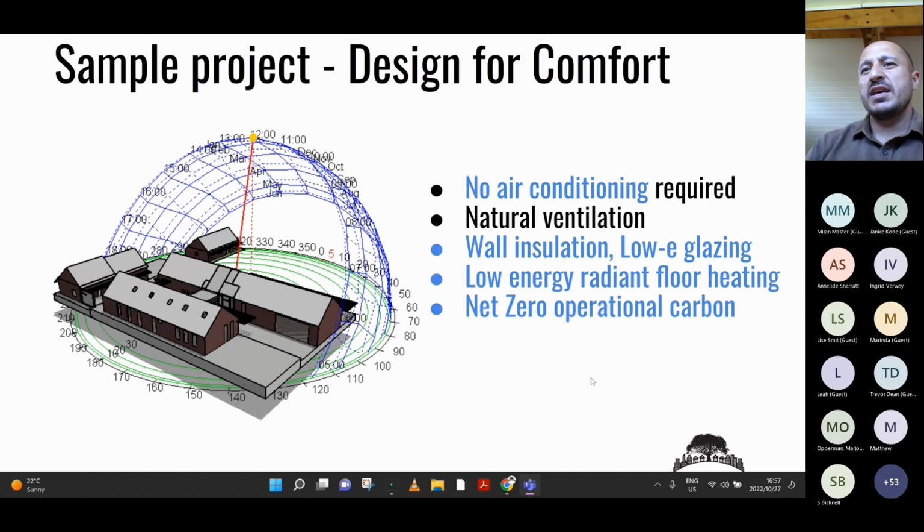Instead of air conditioning, we went for a low energy radiant underfloor heating system. A hydronic underfloor heating system is a lot less energy intensive than air conditioning, because we wouldn't have the fans, etc., and the temperature difference is much less. Ultimately, the project is targeting net zero operational carbon, as part of its Green Star certification.